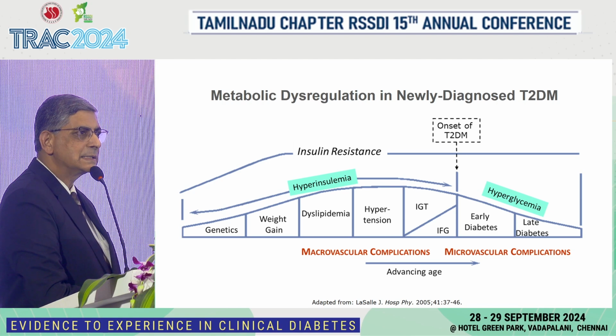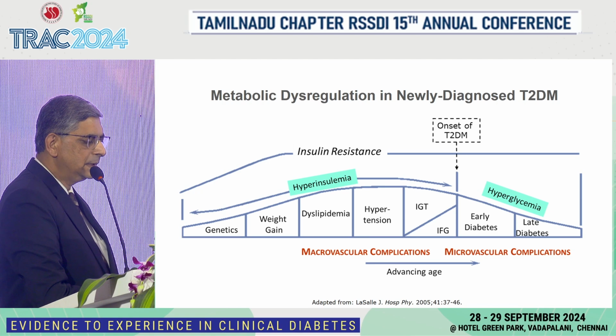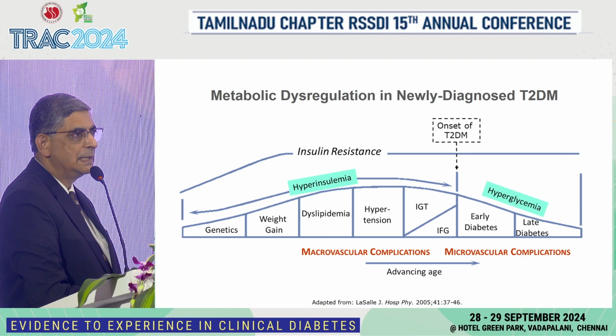So macrovascular complications are determined by hyperinsulinemia, the genes, weight gain, dyslipidemia, hypertension, and then of course prediabetes or dysglycemia as it occurs early.